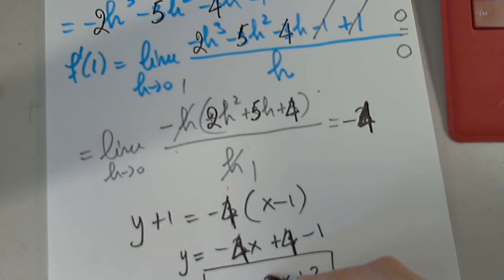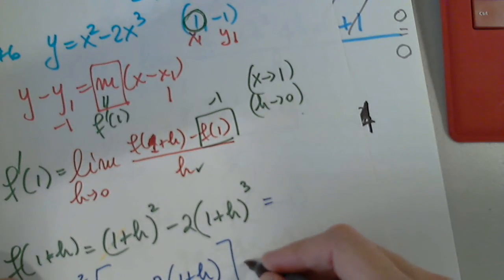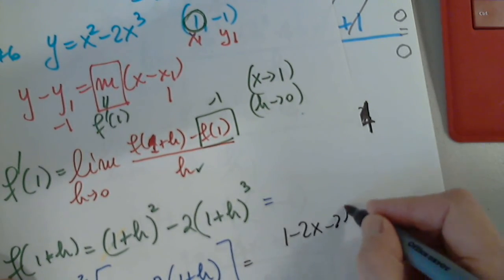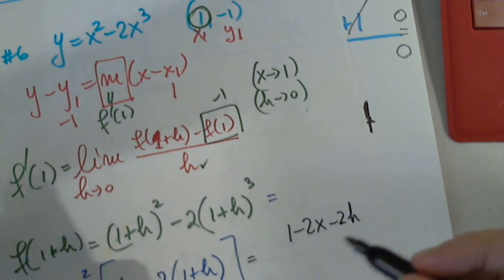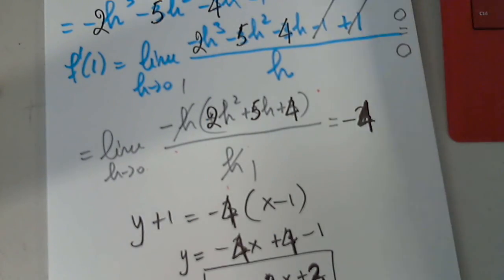So this is minus 4x and plus 3. So the error was here. I should have written this out like 1 minus 2x minus 2 minus 2h, and that would not have happened. So 1 minus 2x and minus 2h. So that's how we get negative 1, but minus 2h, not minus h, which made no sense.